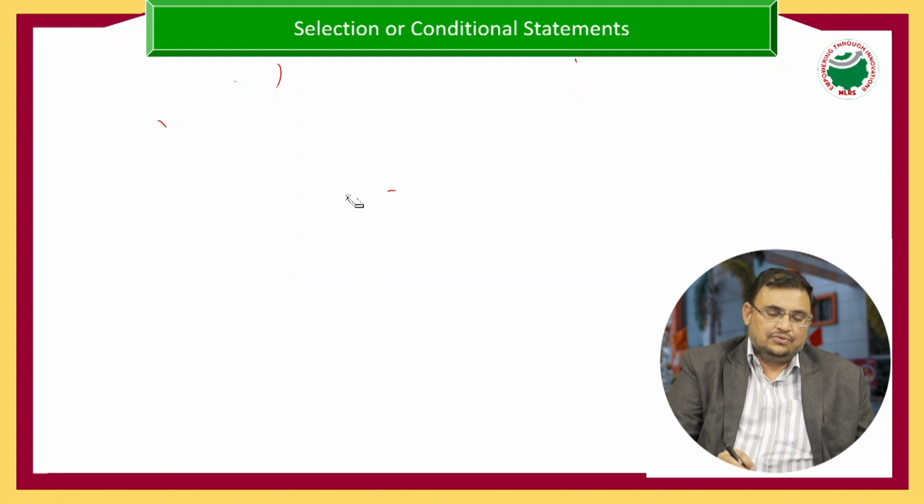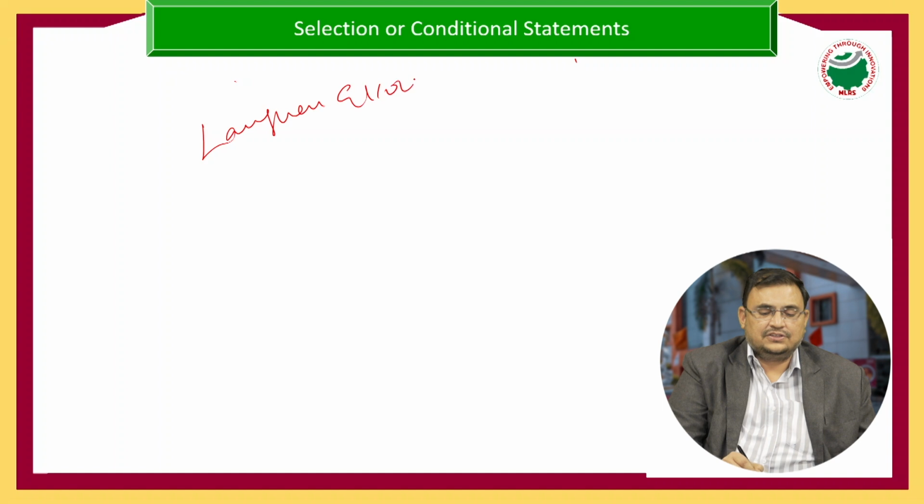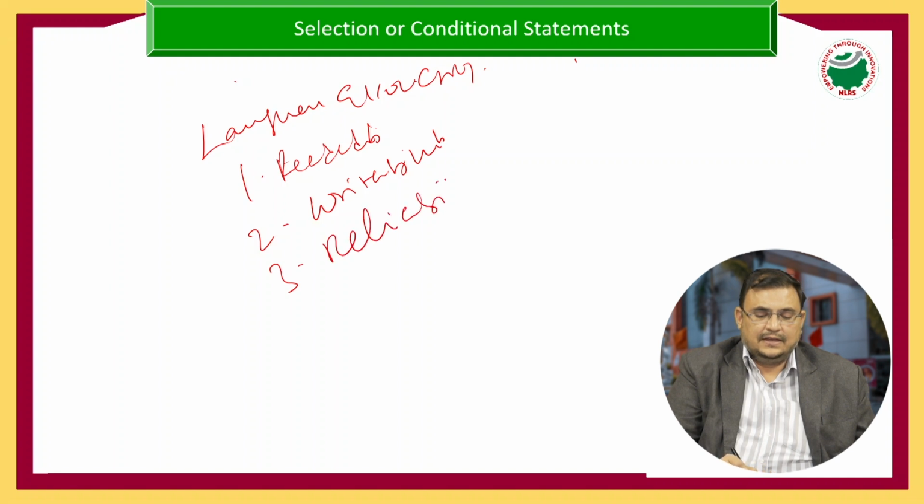A language's success depends on the language evaluation criteria, which has four characteristics: readability, writability, reliability, and cost.